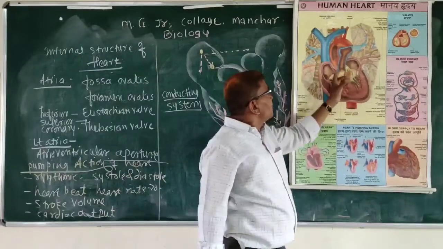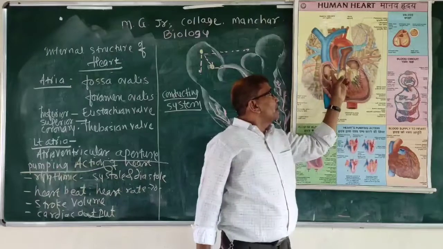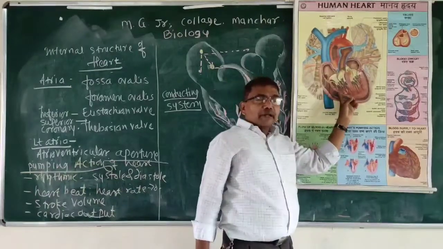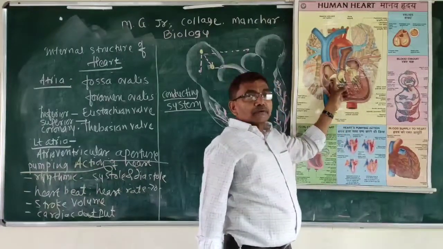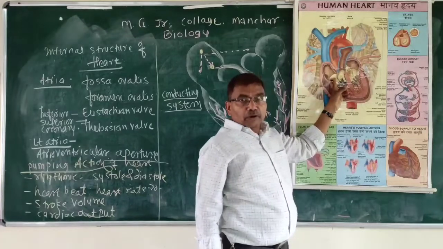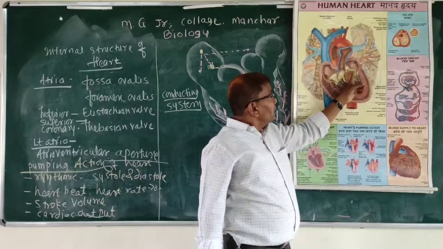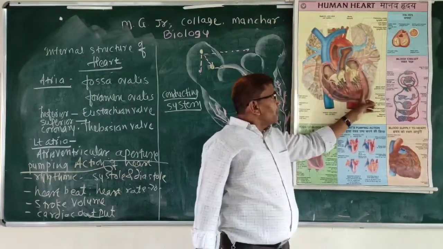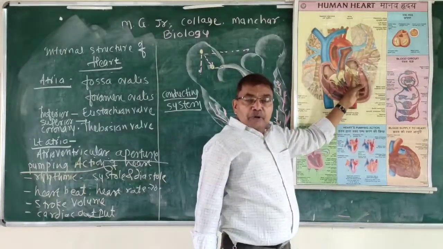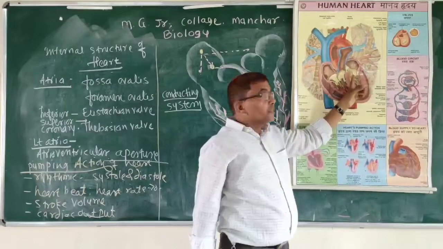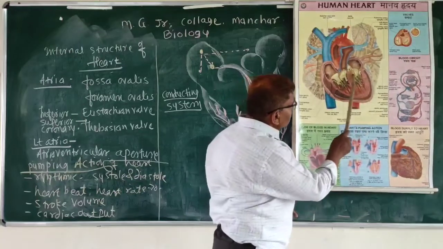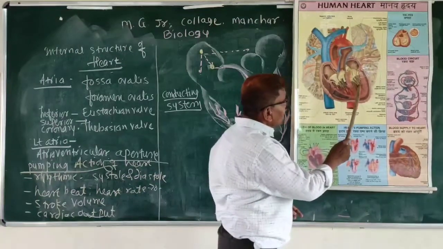Valves are present. The valve between the right atrium and right ventricle is called the tricuspid valve. Between the left atrium and left ventricle there is the bicuspid or mitral valve. To these valves, muscular fibers are connected.